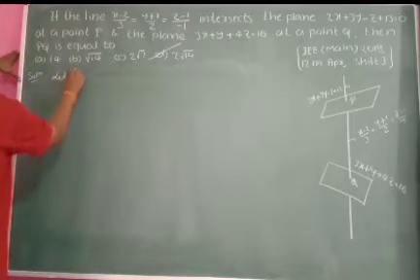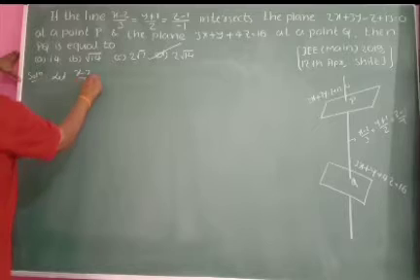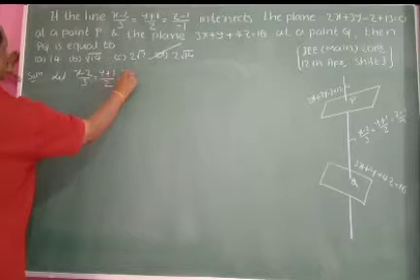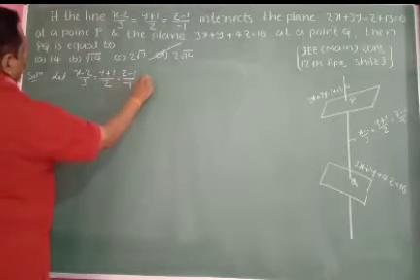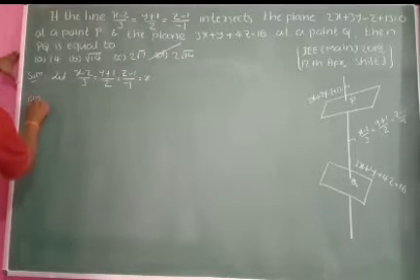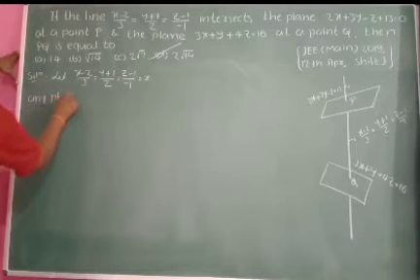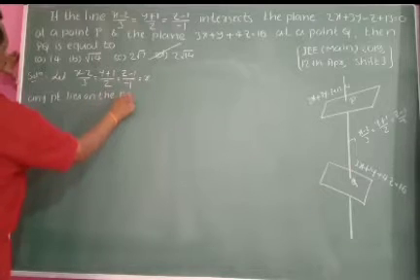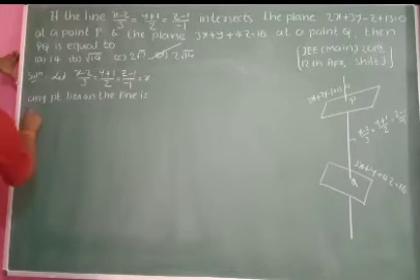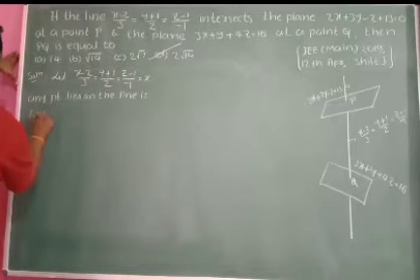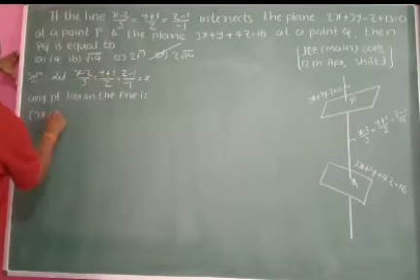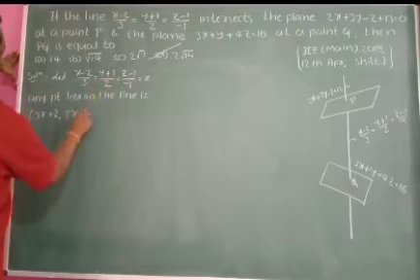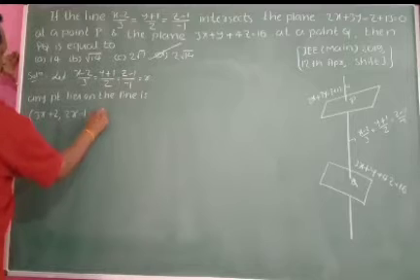Let (x minus 2)/3 = (y plus 1)/2 = (z minus 1)/(minus 1) equal to r. Any point on the line is 3r plus 2, 2r minus 1, minus r plus 1.